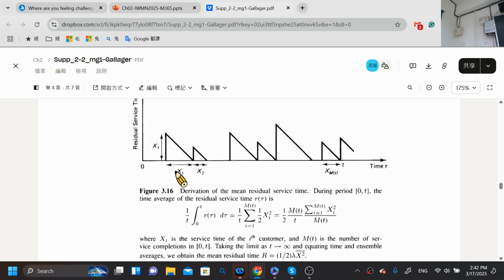If you come to the system at the time instant here, then the remaining time will be aligned with a slope of -1 down to 0, and then we have the next one for the service. So we have the sawtooth to represent the residual time.